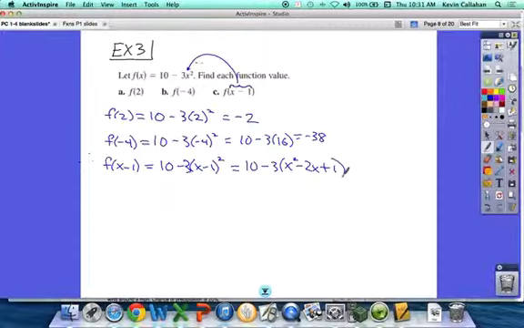And then we have 10 minus 3x squared plus 6x minus 3. And then you combine like terms, 10 minus 3. So this is negative 3x squared plus 6x plus 7. Generally, you would write it in standard form with the highest power to the left and decreasing order.